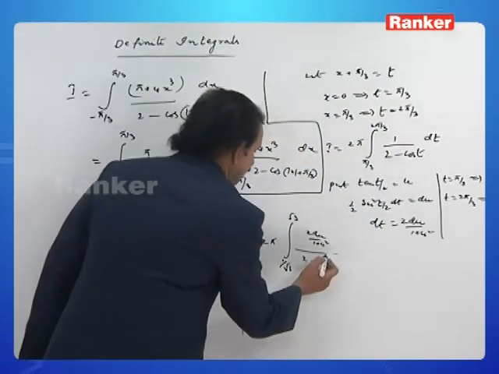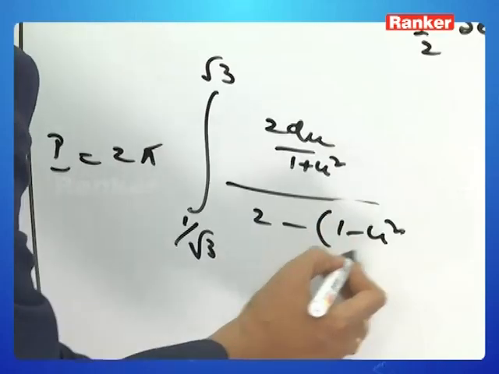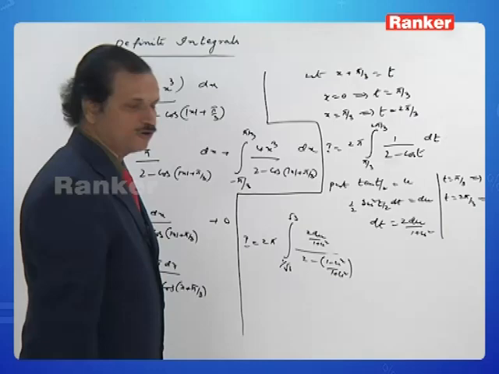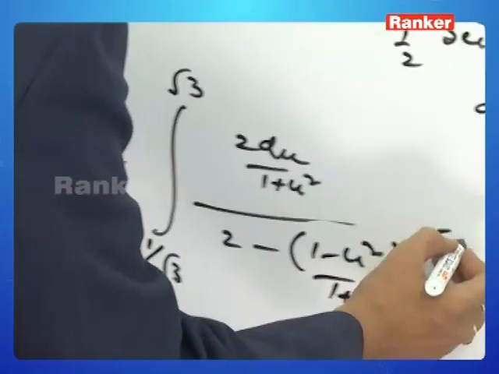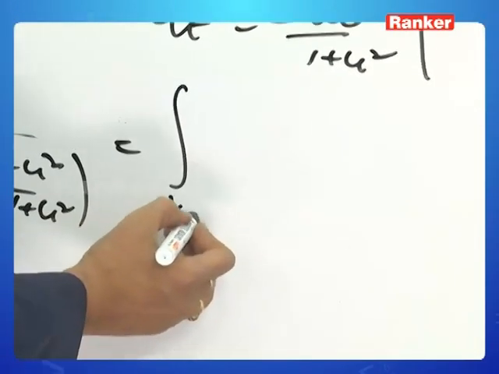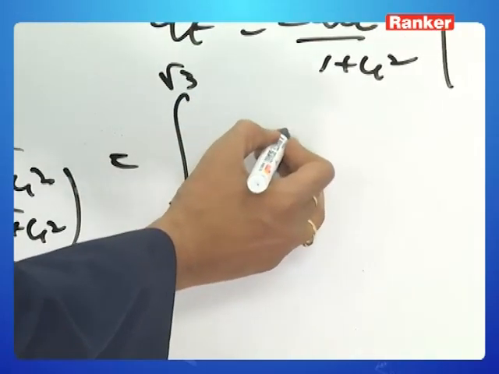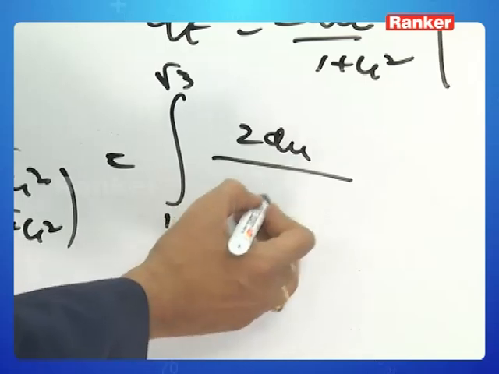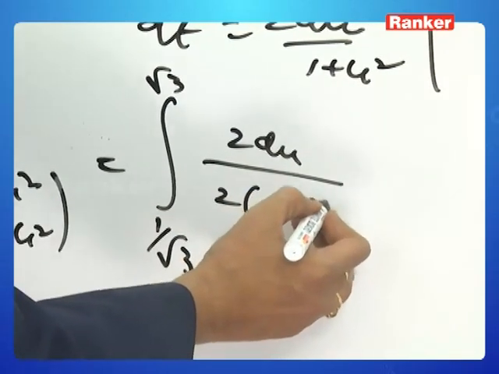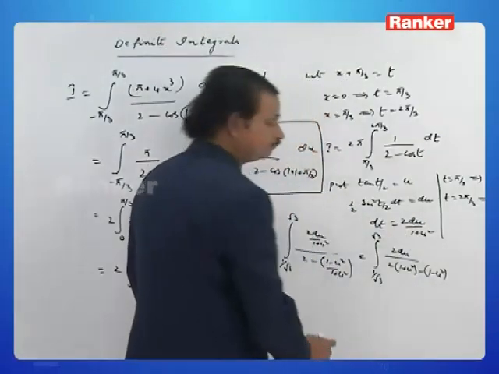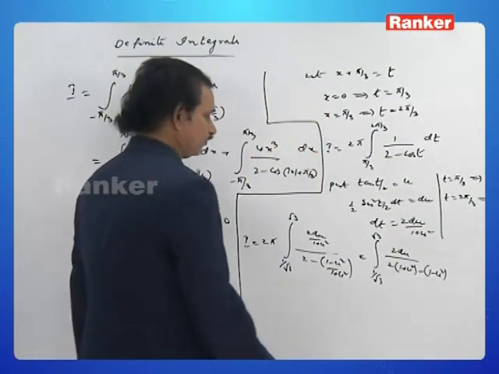This is nothing but 1 minus u square by 1 plus u square. If you multiply both numerator and denominator with 1 plus u square, this will become the integral from 1 by root 3 to root 3, 2 du by 2 into 1 plus u square minus of 1 minus u square. 1 minus of 1 minus u square.